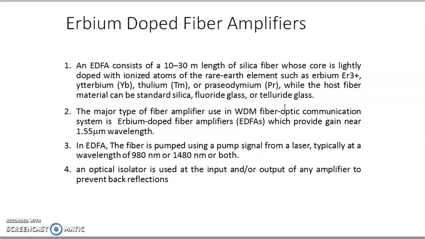Next, the erbium doped fiber amplifier, EDFA. It consists of 10 to 30 meter length of silica fiber whose core is lightly doped with ionized atoms of rare earth elements such as erbium Er3+, ytterbium Yb, thulium Tm, and we consider the fiber that is standard silica, fluoride glass or telluride glass.